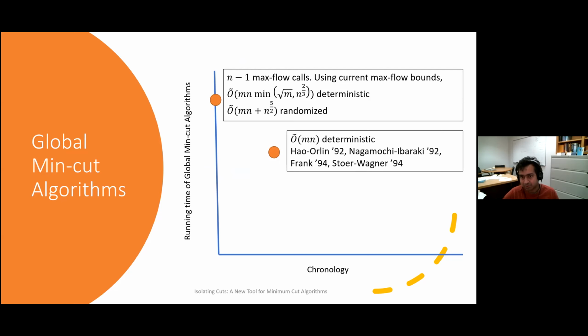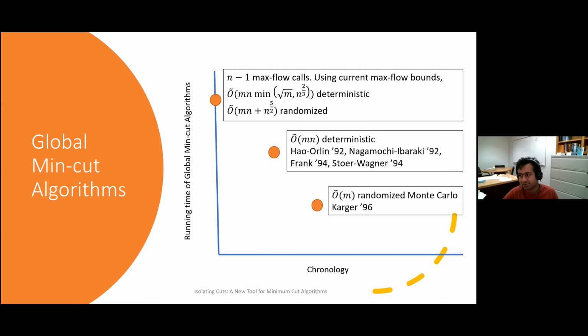This is specifically for global min cut, and it is faster than what we can do using n-1 runs of max flow. And if we allow randomization, then you can even do better. In fact, you can get a near linear time algorithm, although the algorithm is Monte Carlo, which means that it will occasionally output a wrong answer.